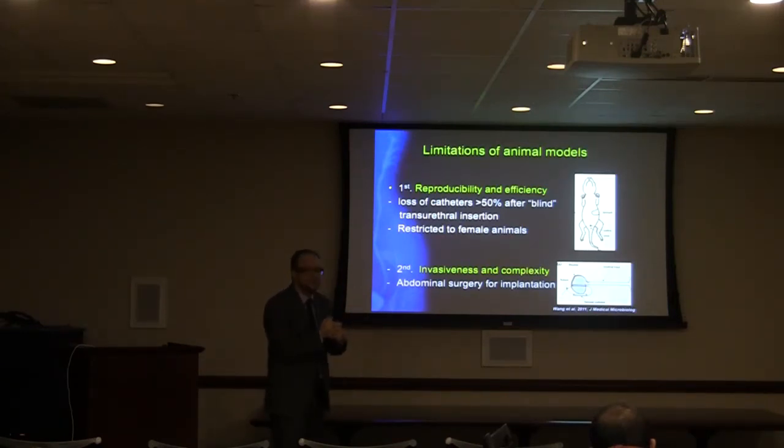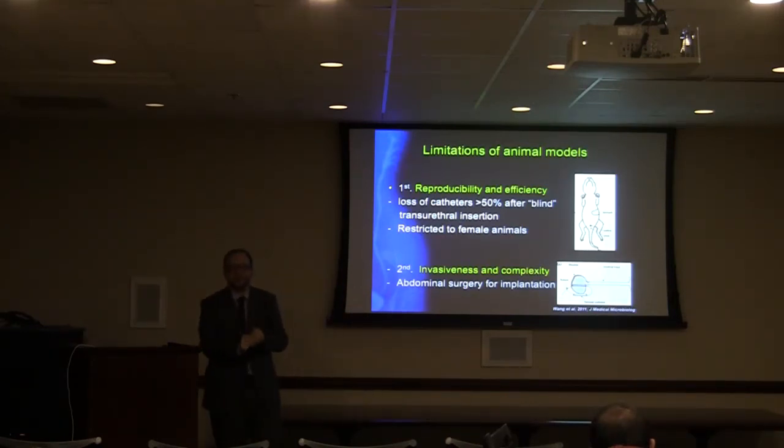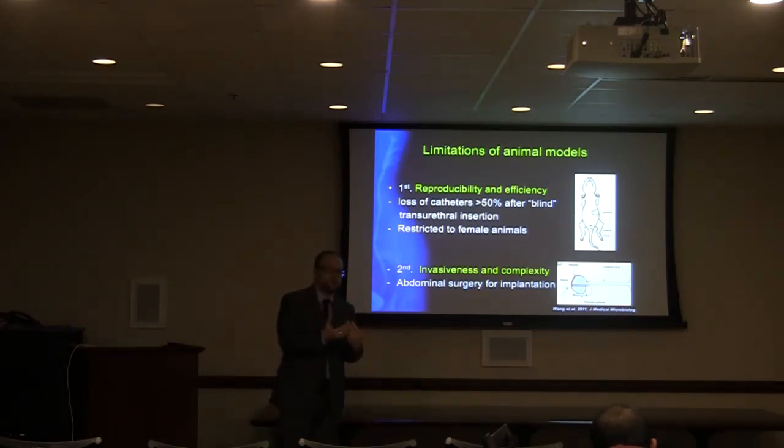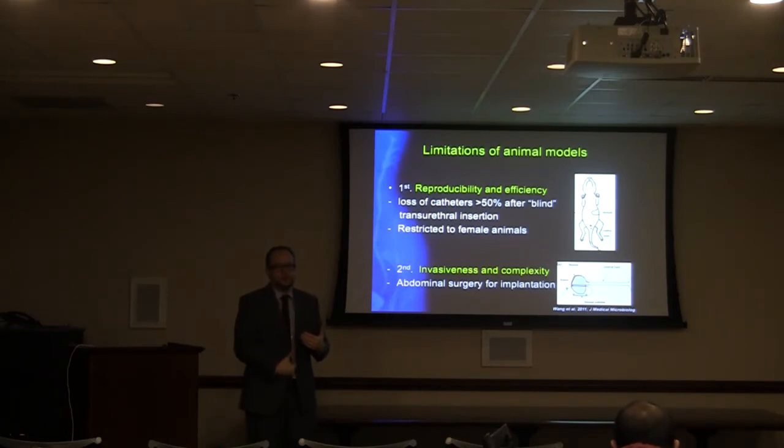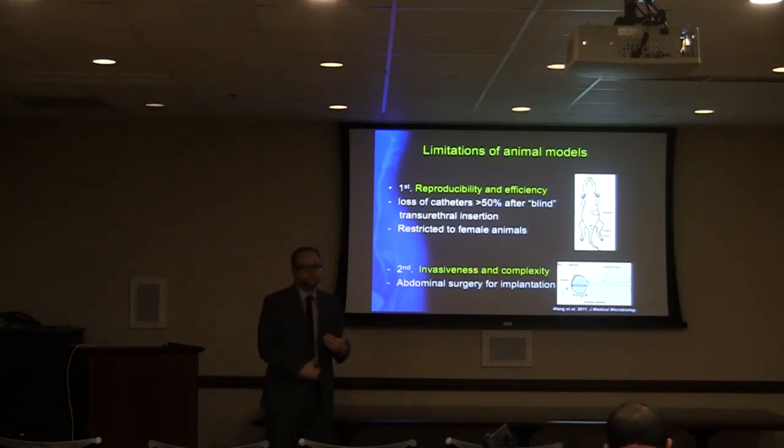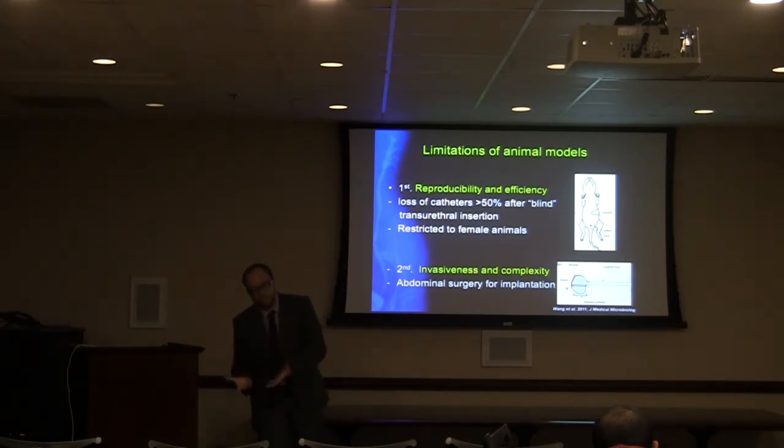The other issue too was there were other models out there which were highly invasive. Just like the rabbit model, what you had to do was basically open up the chest cavity. Well, not the chest, but lower down. Find the bladder, make an incision in the bladder, put the piece in, suture it in place, suture up the bladder, suture up the animal, have the animal recover, then infect.